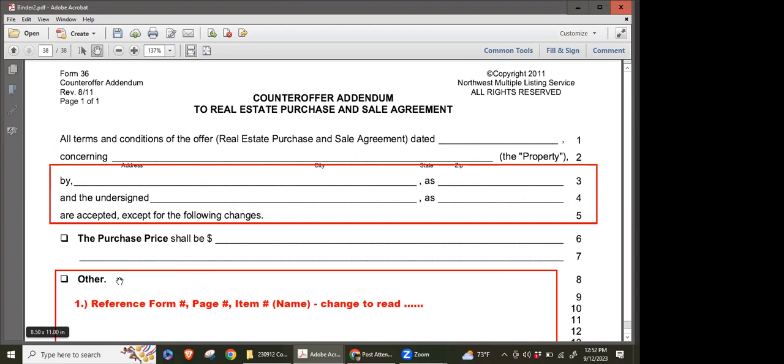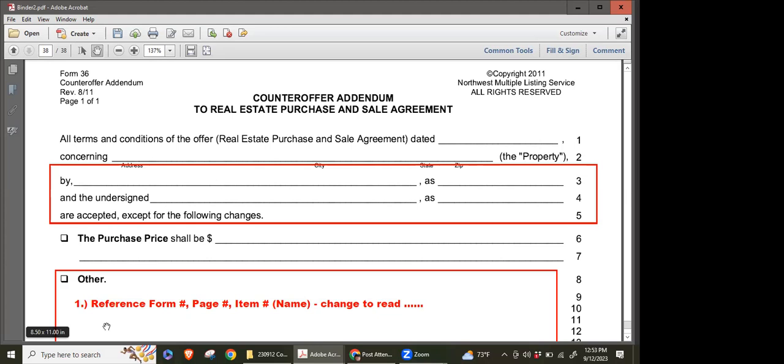And if there are parts of the contract that you are correcting, number 1, reference the form number, page name, change to read 12 days, or whatever it is, for every single change in the contract.